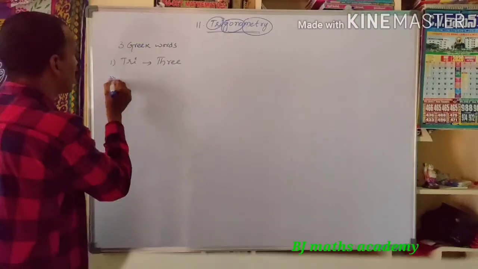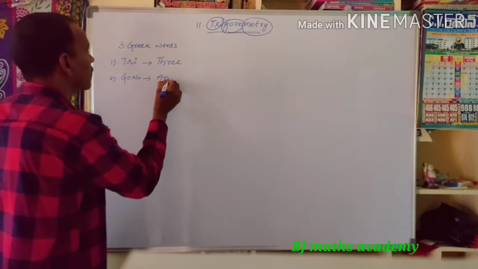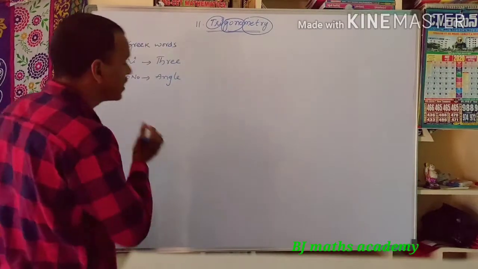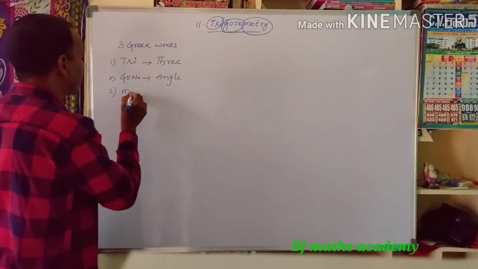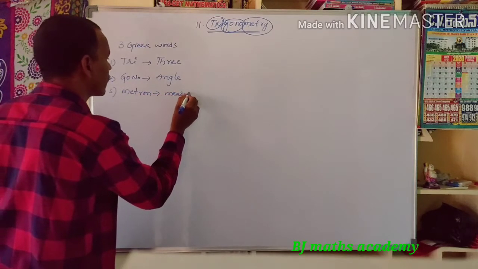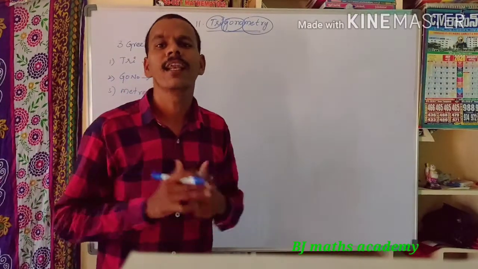Gono means angle. And metron means measure. So finally, the word trigonometry means triangle measure.